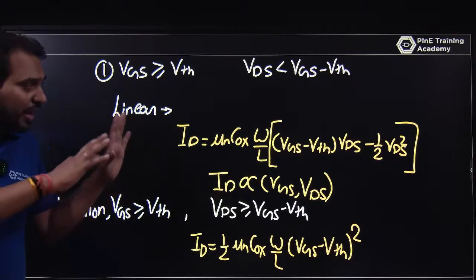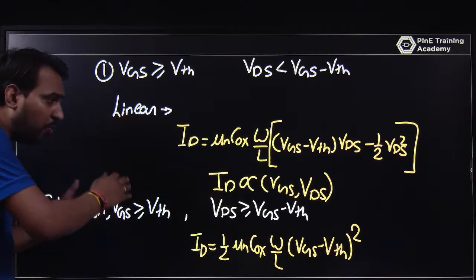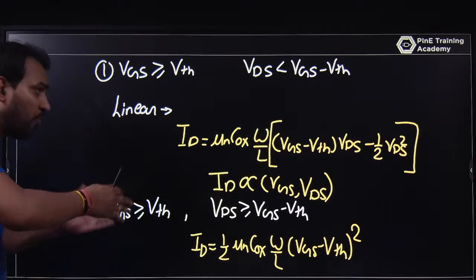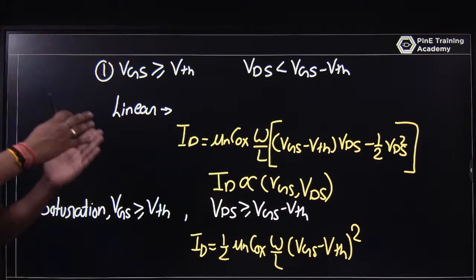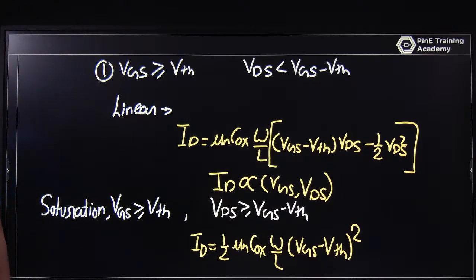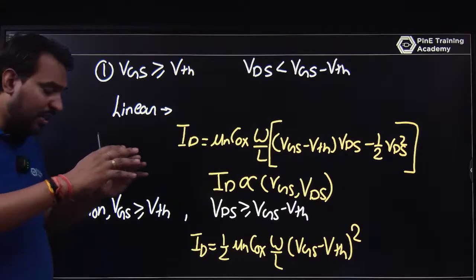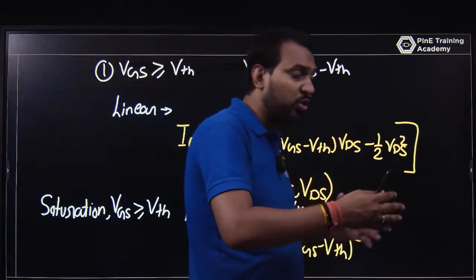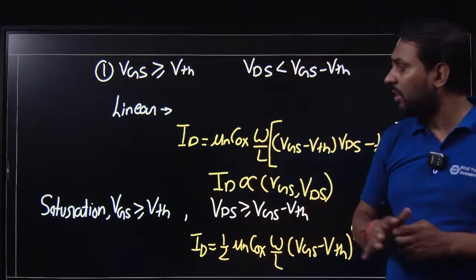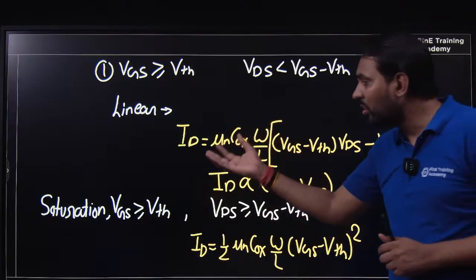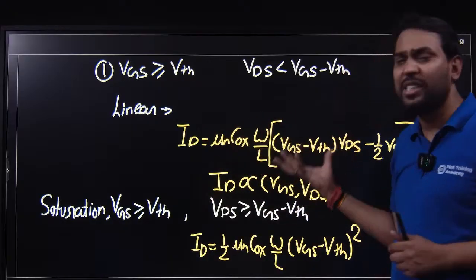You are thinking that just like we moved from BJT to MOSFET, we will move from MOSFET to FinFET or FinFET to tunnel FET. It doesn't mean that the same equations are not used; the equations have some changes.